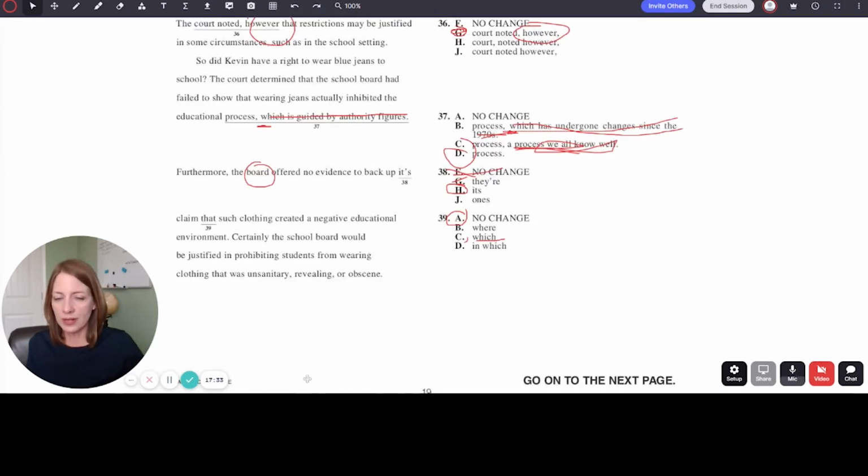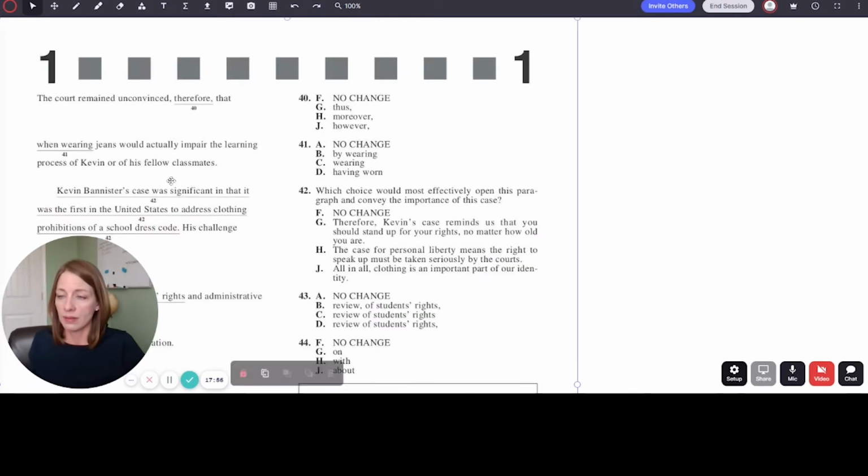So the previous thought here is saying that they couldn't back up and say that they couldn't prove that this gave a negative experience. So you do have to understand what's going on in the previous sentence to kind of understand what transition should be there. The board couldn't provide evidence. Now let's move this around.